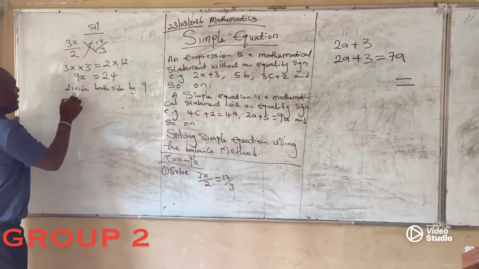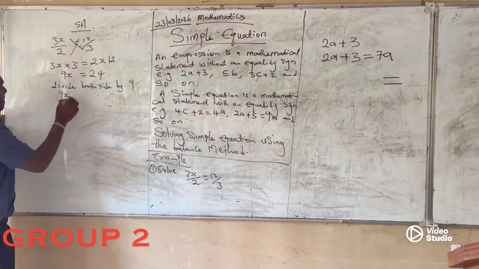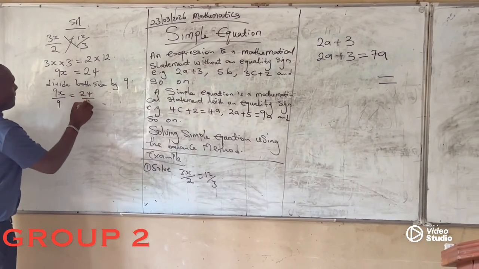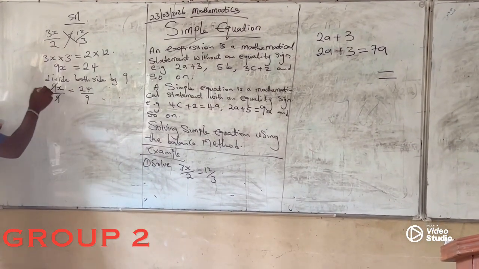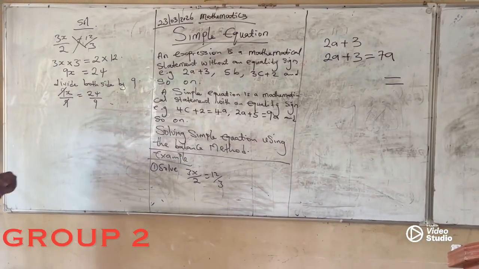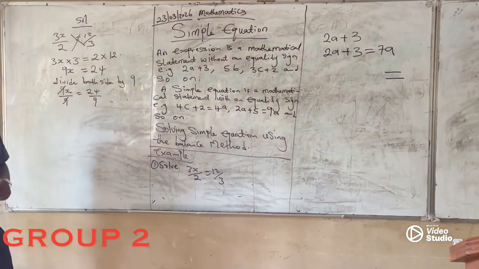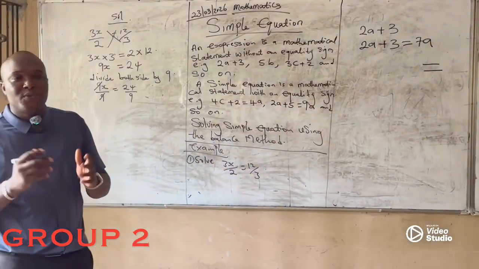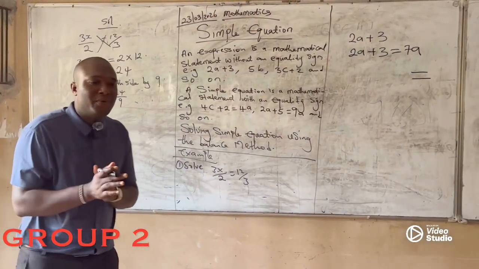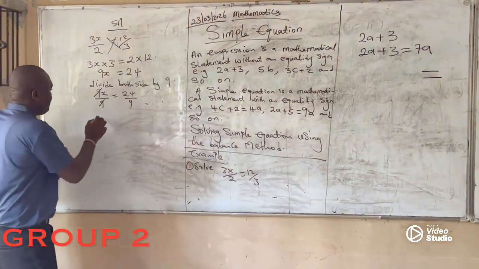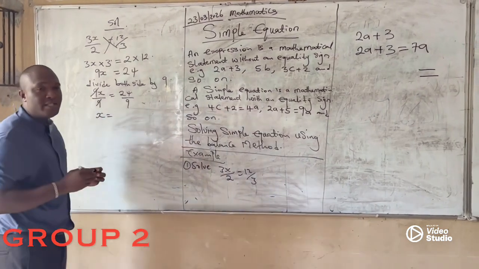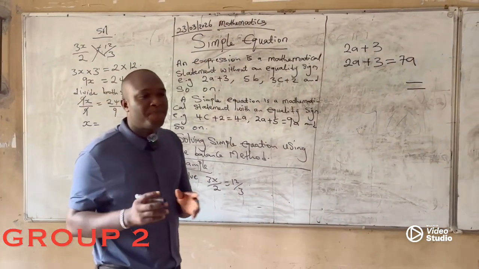So you have 9x over 9. 9 cancels 9, isn't it? So 24 divided by 9, what are we going to have? Anybody with the answer?